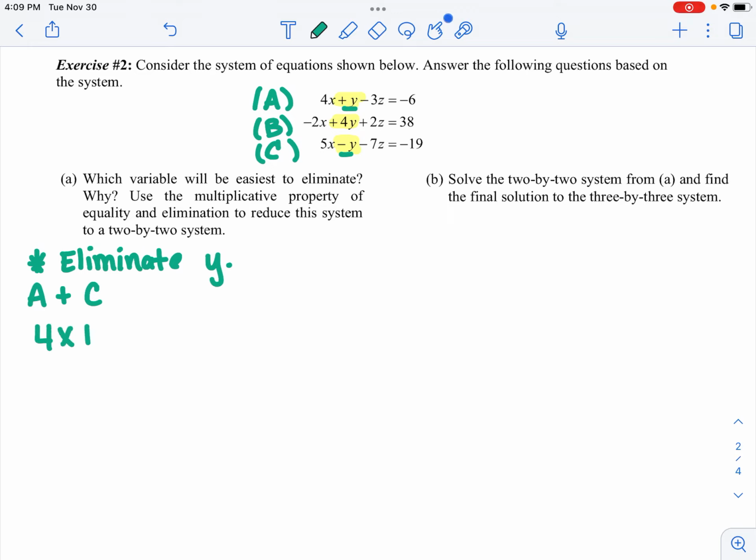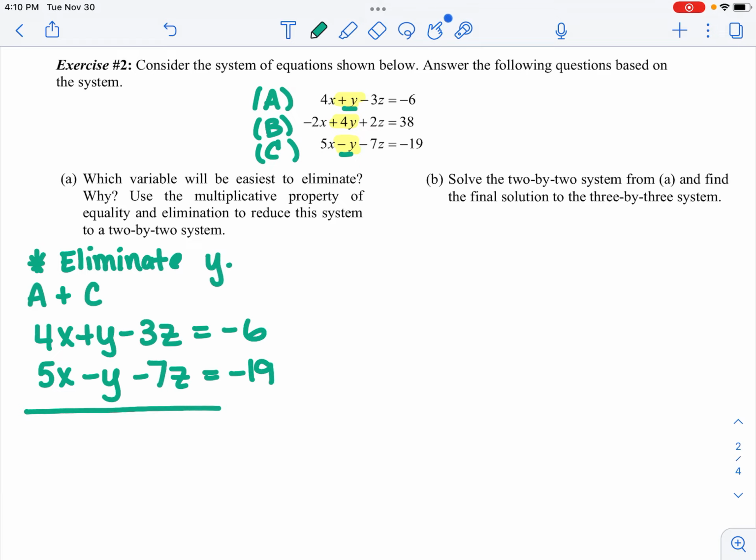So let's take 4x plus y minus 3z is equal to -6, and 5x minus y minus 7z is equal to -19. And when I go to eliminate y here, I don't have to do anything except add straight down. I get 9x, the y's cancel, minus 10z is equal to -25.